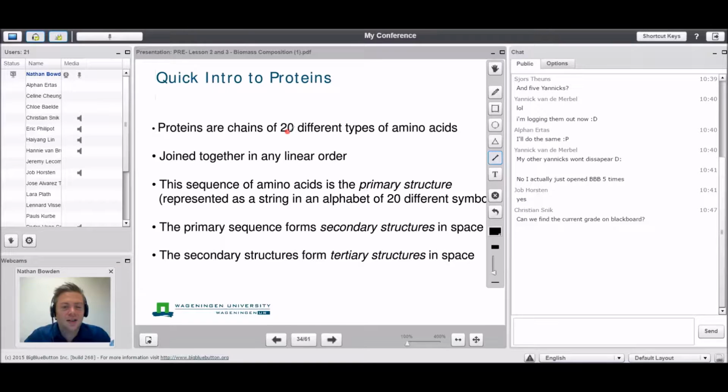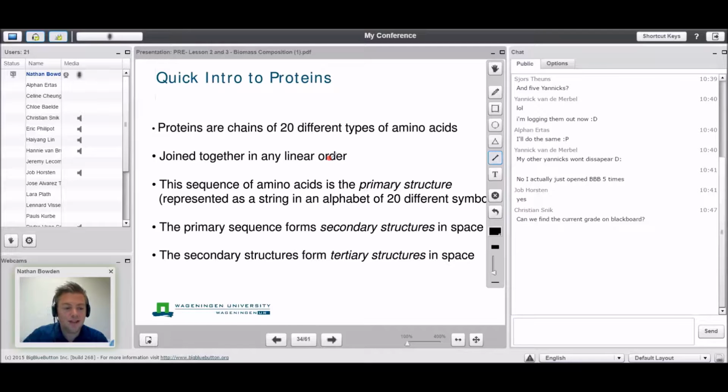Some are missing a few. Those are called essential amino acids. But there are also amino acids which are coded in mammals, specifically selenocysteine, which is not found in plants. So there are 21 amino acids, but 20 are what we call the basic ones, the ones that are in everything. They are joined together in any linear order.